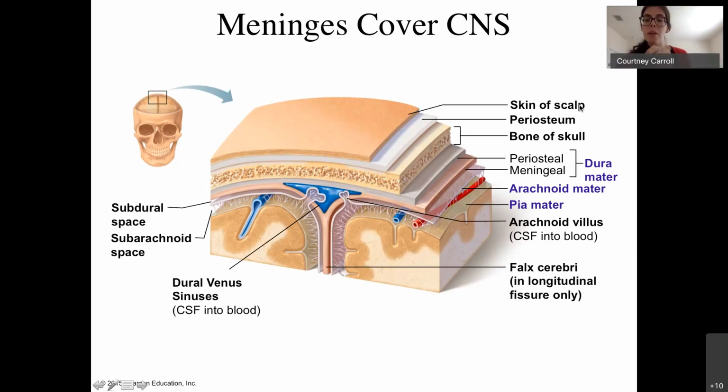You can use the acronym DAP, or PAD if you go the other way. So the dura mater, the arachnoid mater, and the pia mater. And these are going to form that protective covering. And under each layer, you have sub-layers. So we talk about the area under the dura mater as our subdural space, the area under our arachnoid mater, our subarachnoid space.